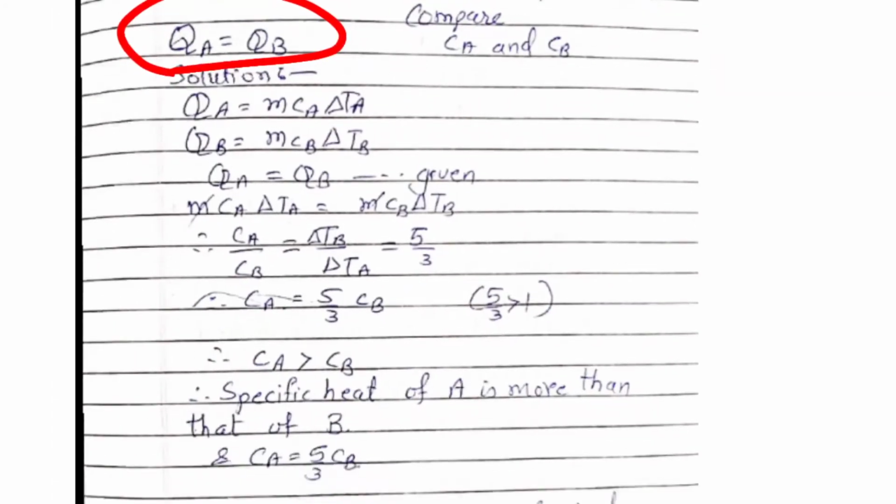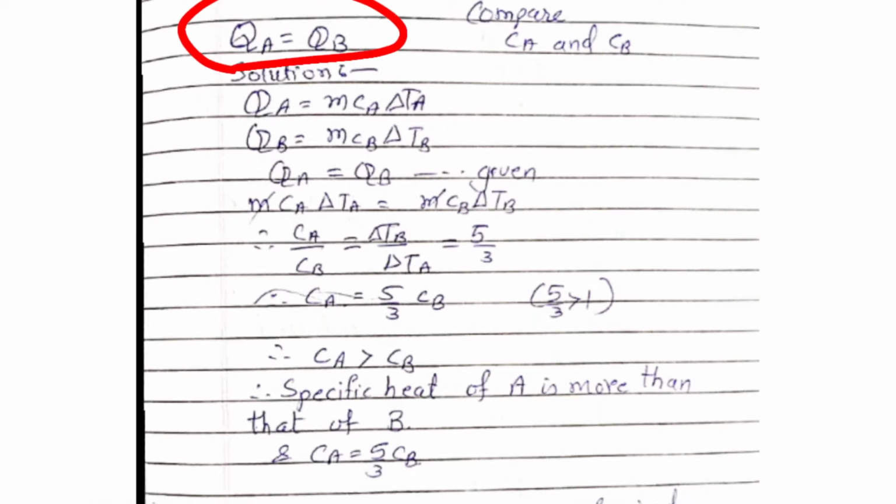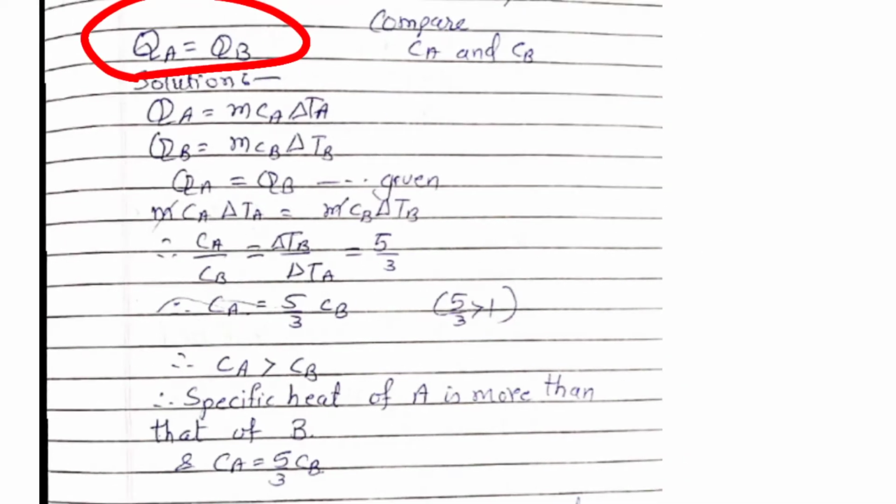So we have the formula: Qa is m Ca into delta Ta, and Qb will be m Cb into delta Tb. Now it is already given that Qa is equal to Qb.